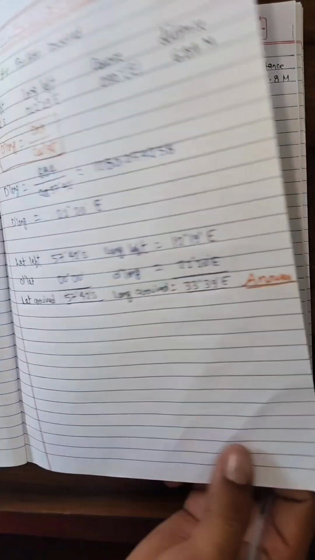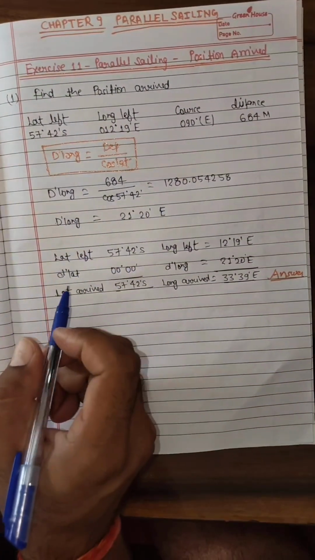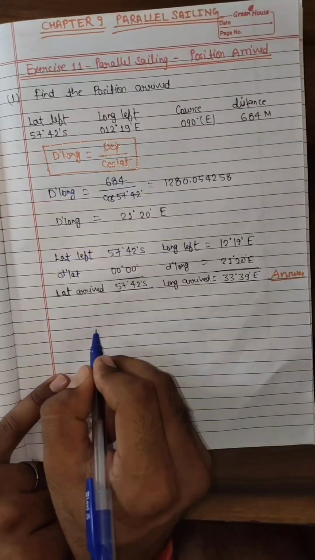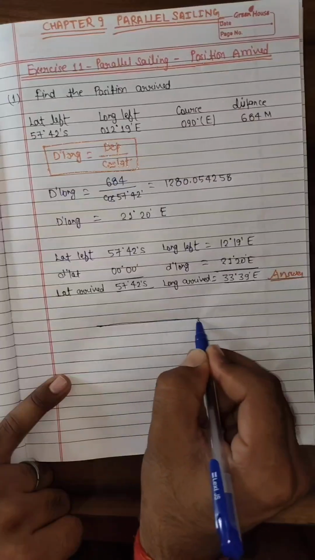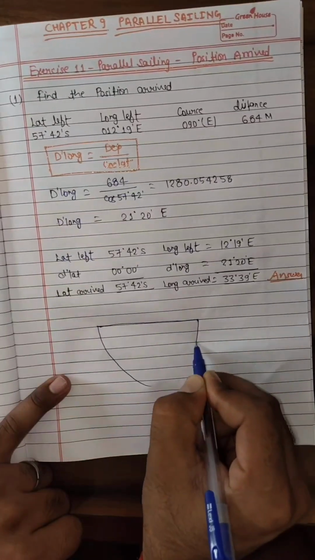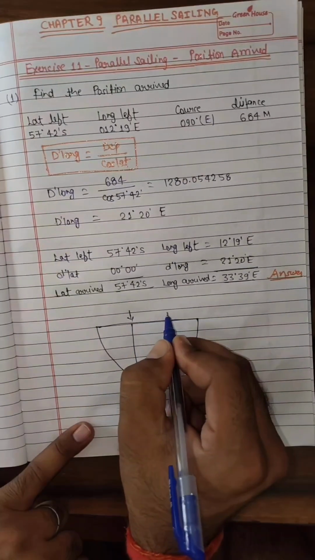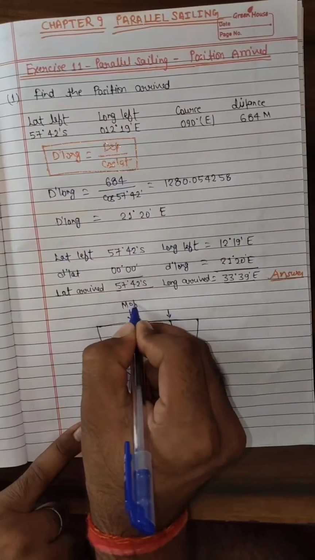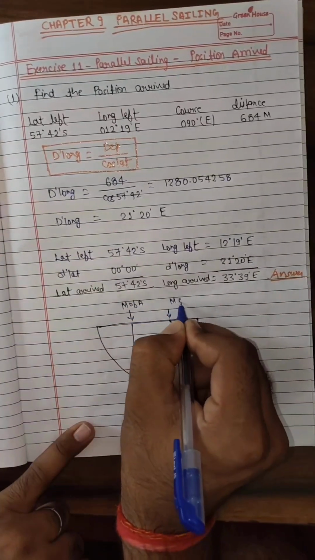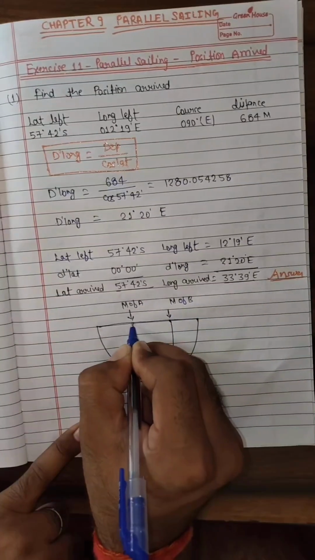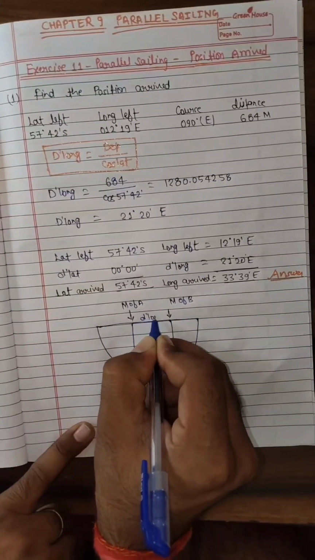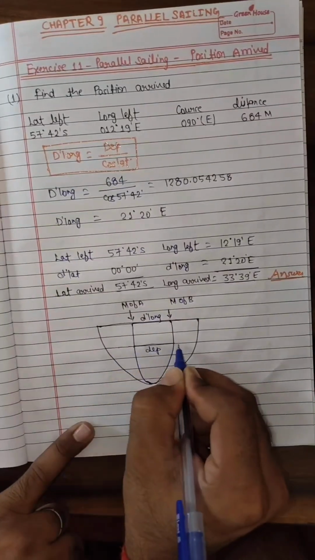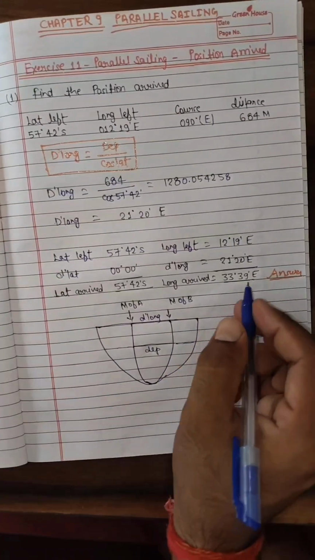In the first question, if you have to make the diagram, latitude arrived is in your southern hemisphere, so just make the diagram in southern hemisphere. This one is your meridian of A, this one is your meridian of B, this is your D long, this one is your departure. Which direction? Eastward direction.